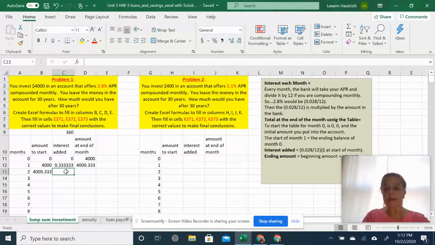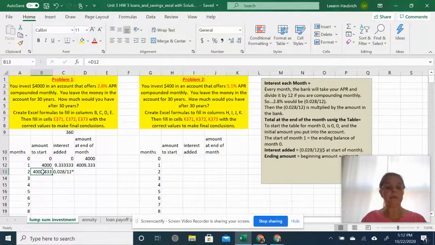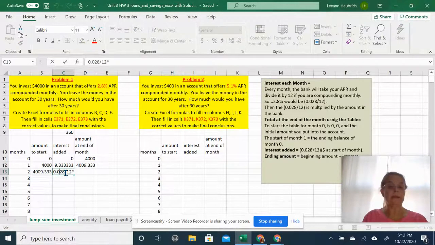So you start with your APR, 0.028 divided by 12, and that's going to get multiplied by the amount currently in the account. And I think I left the equal sign off again.